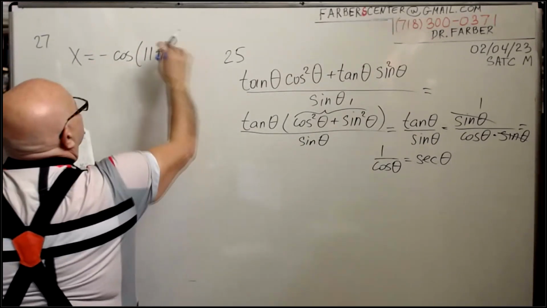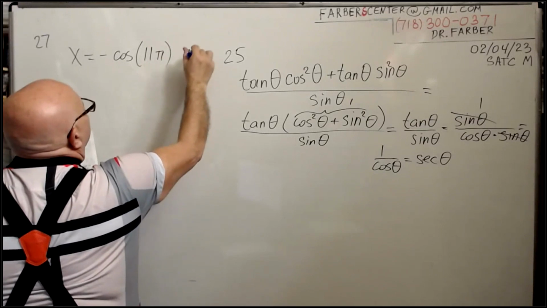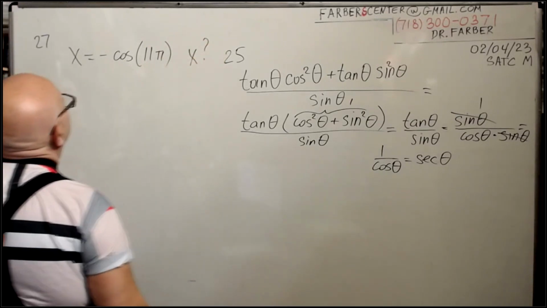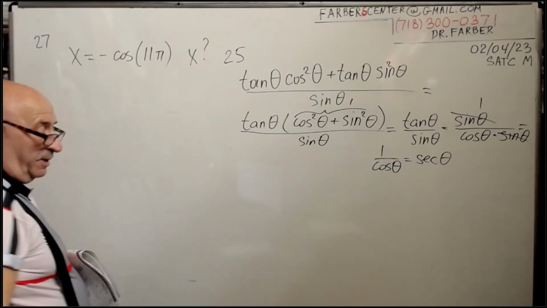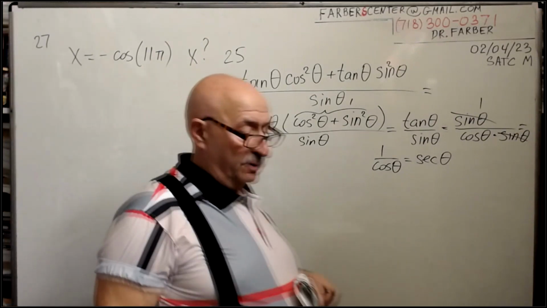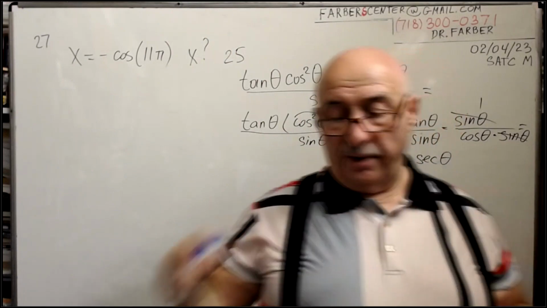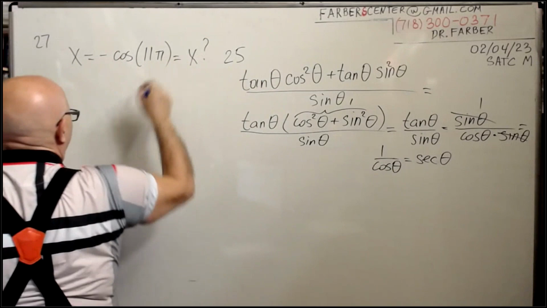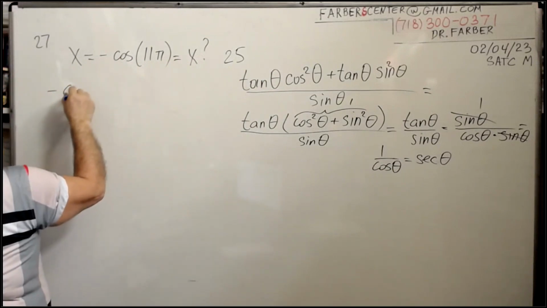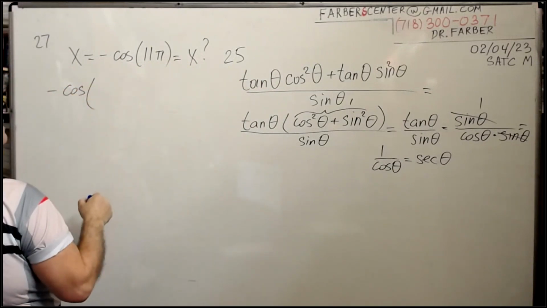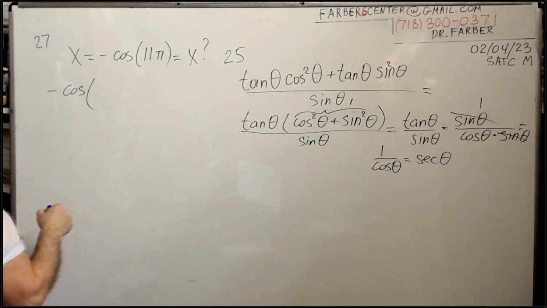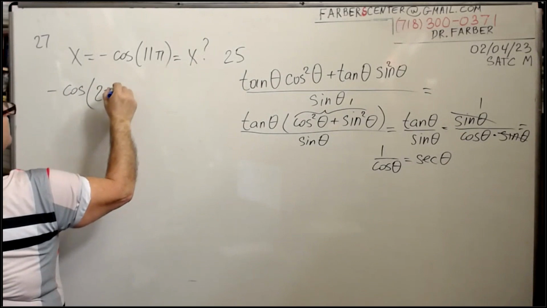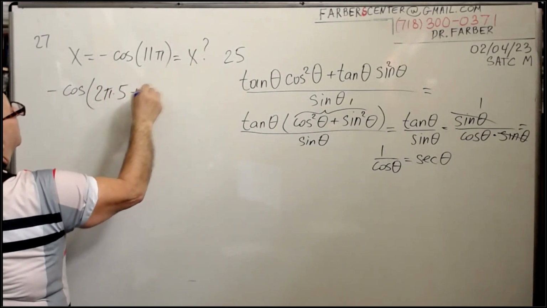What is the value of x? Remember, cosine is a periodic function, and the period is 2 pi, right? I want to find how many periods I represent. This equals negative cosine of 2 pi times 5 plus pi.